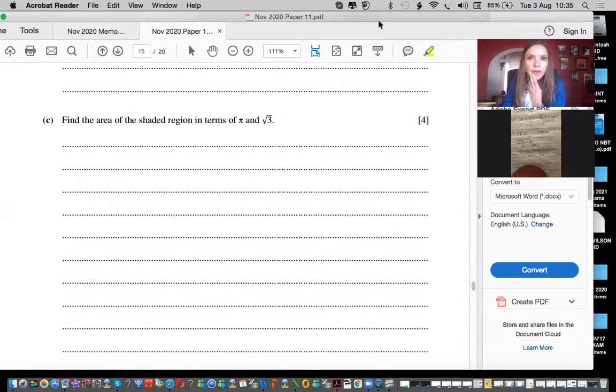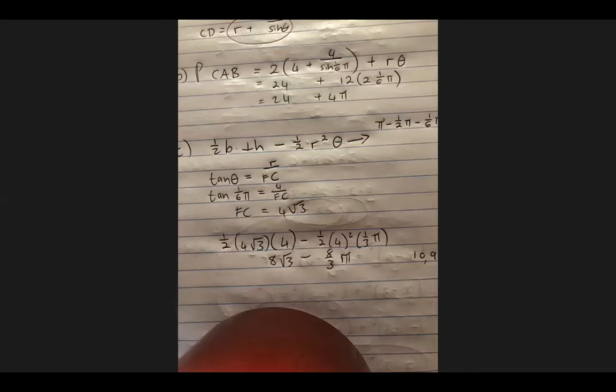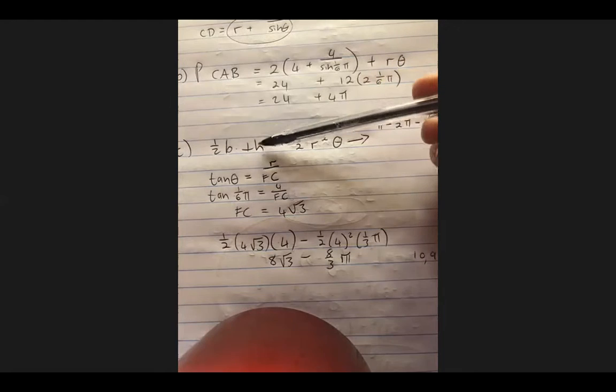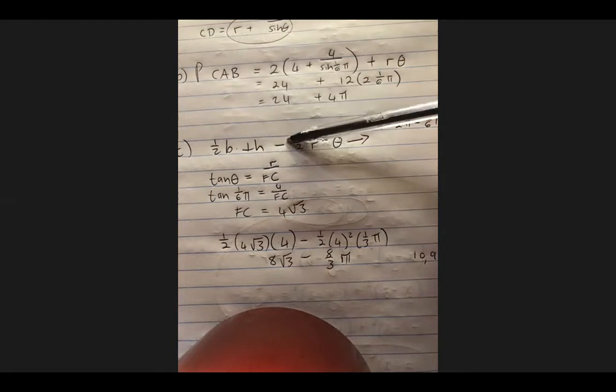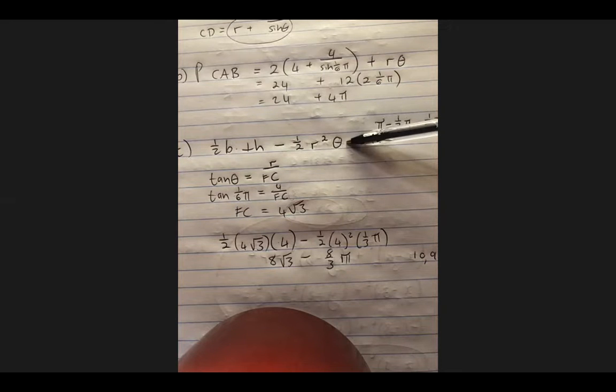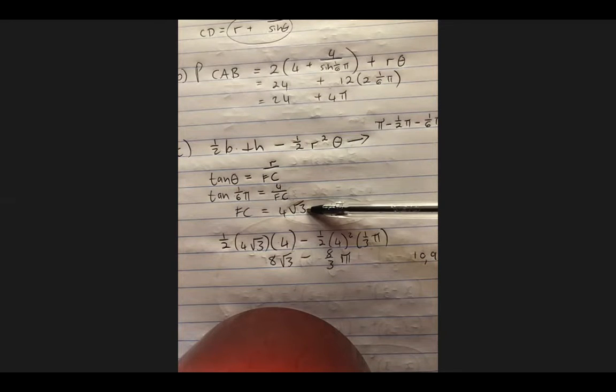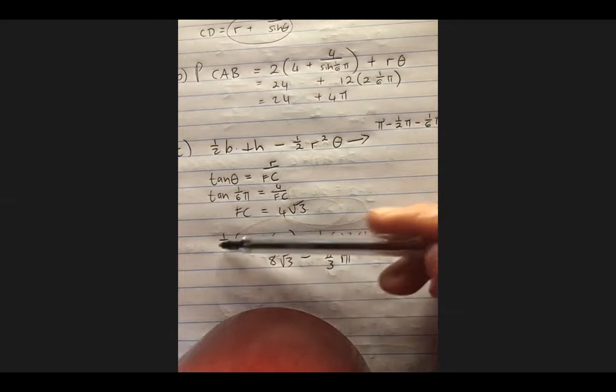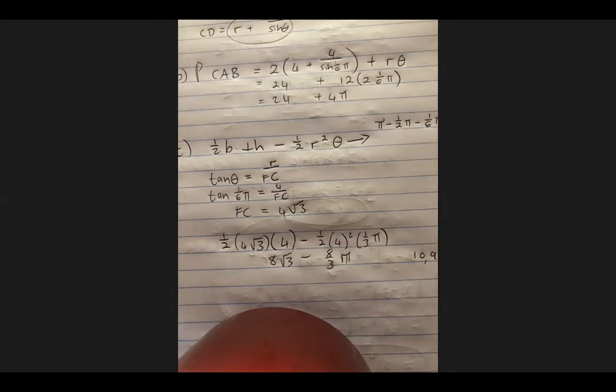It must have happened, let's see, half base times perpendicular height, half r squared theta. This is FC, half base times perpendicular height. It could always happen perhaps where you typed it in. So let's just follow that again.